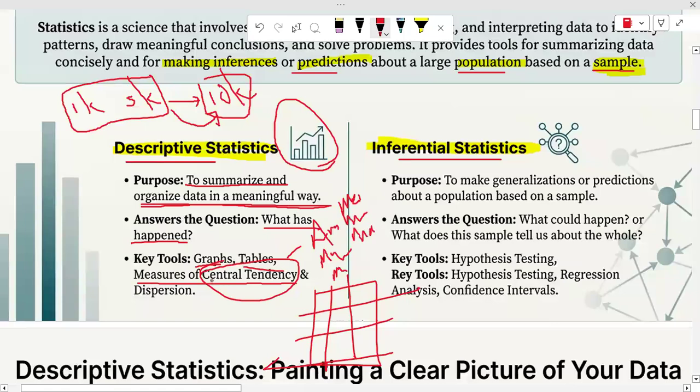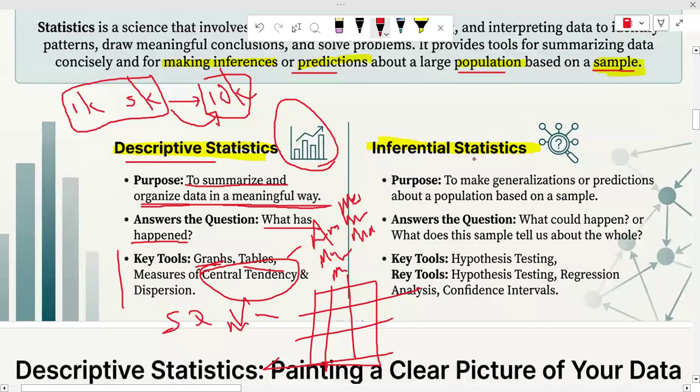These are measures of central tendency, and dispersions are maximum, minimum, and the range, and the standard deviation and variance. These come under dispersion. We will discuss this in depth in forthcoming classes.